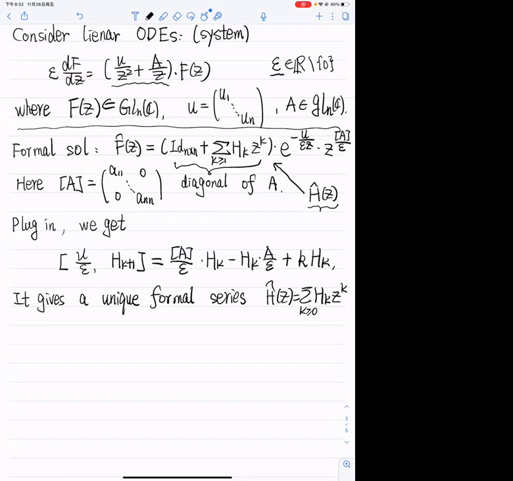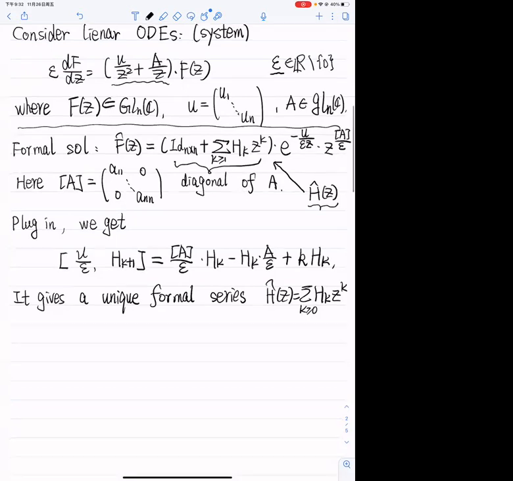Also from this expression, we find that on the right-hand side, if we look at the last term, we have k times Hk. Recall that each of these Hk is an n by n matrix. And in the last term, we have k times Hk.